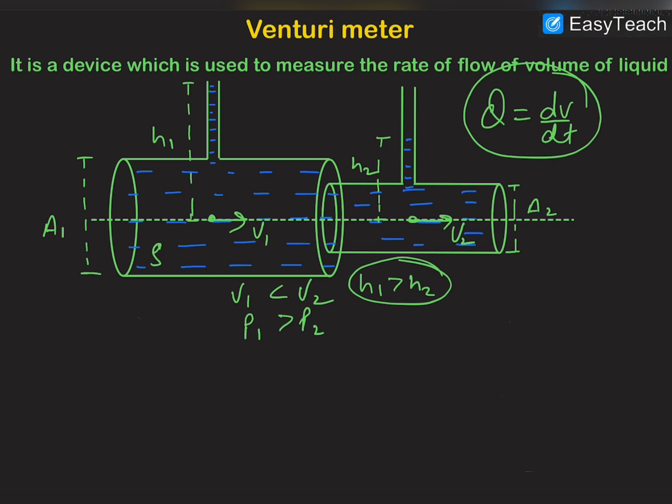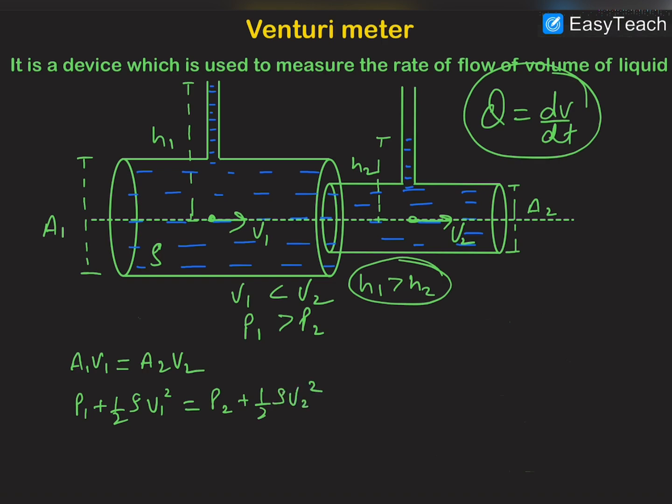Now in this scenario, we have to find out the volume rate flow also. So let us use Bernoulli's theorem and the equation of continuity. We know that A1 V1 is equal to A2 V2 first of all, and then we apply Bernoulli's theorem at this point and this point. So P1 plus half rho V1 square will be equal to P2 plus half rho V2 square.